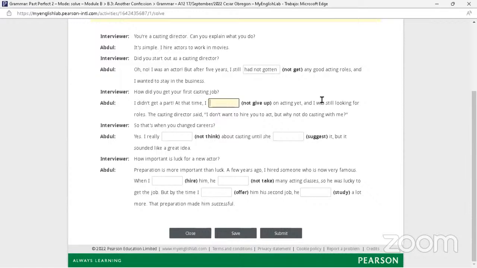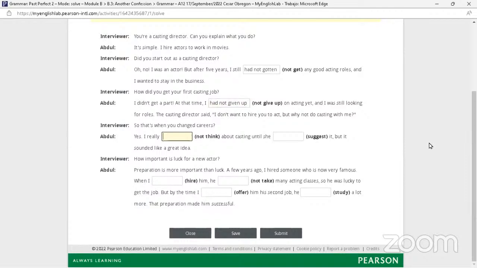How did you get your first casting job? I didn't get a part at the time. I had not given up on acting yet, and I was still looking for roles.